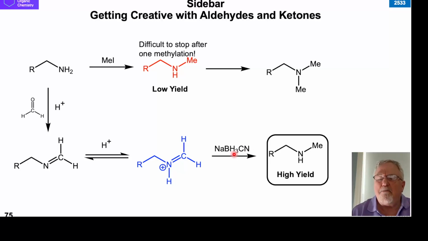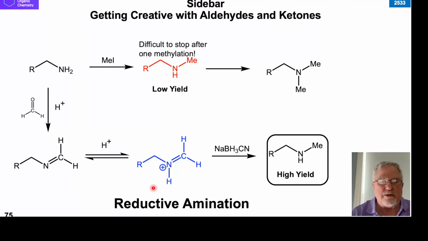cyanoborohydride. This is a milder reducing reagent than sodium borohydride, and we'll talk about that in a minute, but it reduces this carbon hydrogen bond quite readily, and then we work it up, and we end up getting our monoalkylated product so that we just have a secondary amine.